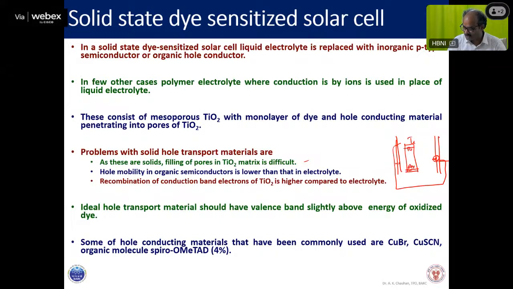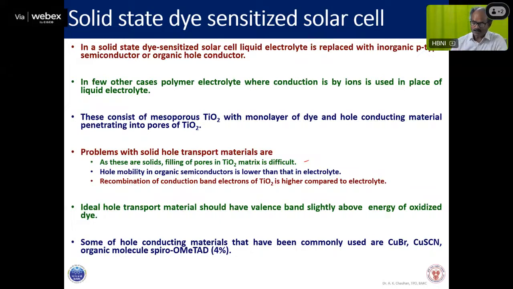If there is an energy level here that matches the medium you have filled, and it has the same energy level, then this electron can very easily come and fill the absence of electron, and the circuit will be completed.